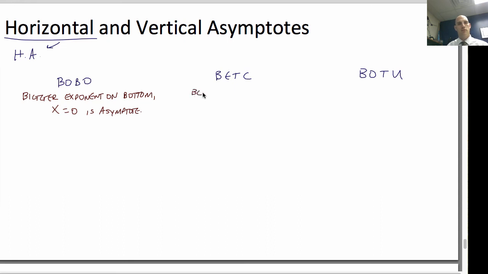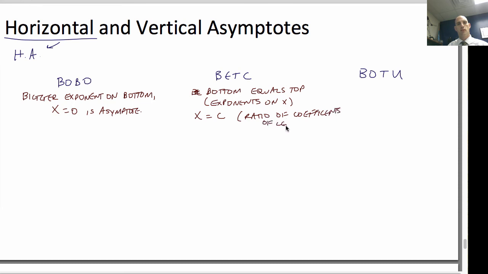If the bottom equals top, meaning the exponents on x, then y equals a constant, the ratio of the coefficients of the lead terms.